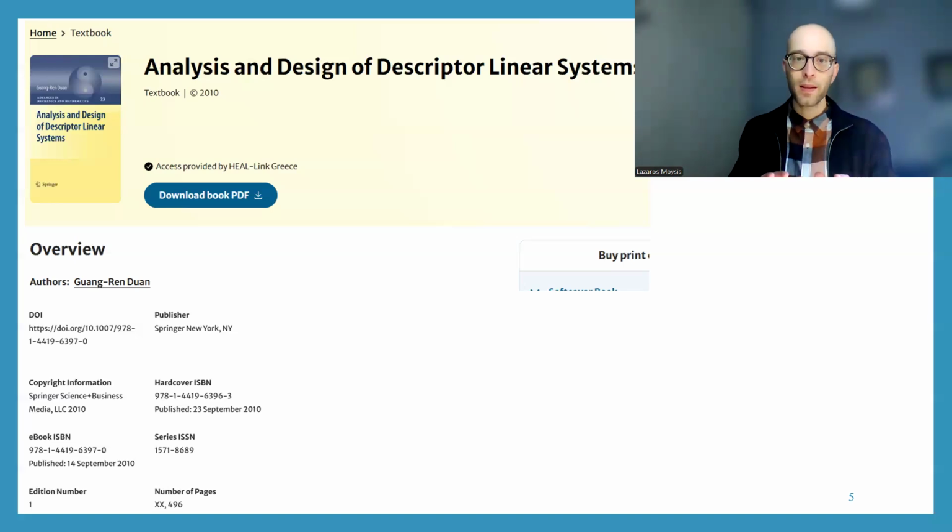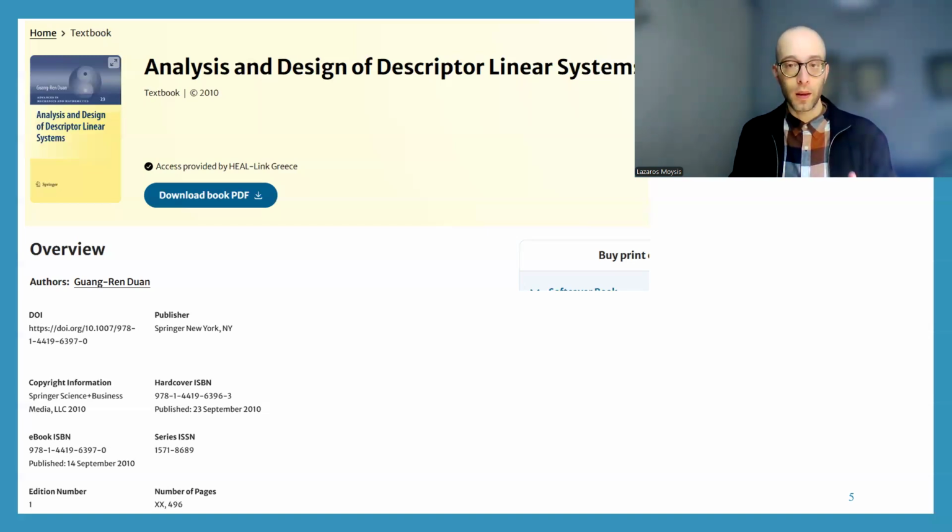Okay, so basically, descriptor systems are a generalization of the classic state space systems that we know from control theory and from differential equations, okay, from modern control theory. Basically, they constitute a generalization because they include the classic notion of a state space system, which is a collection of linear differential equations, but also potentially some algebraic equations.